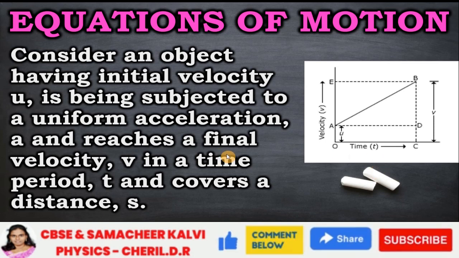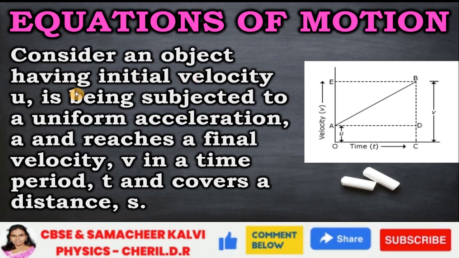Before we get into the derivation, as we discussed in the previous derivations, writing this is mandatorily important. This is the consideration of the motion of the object to derive the equations of motion.